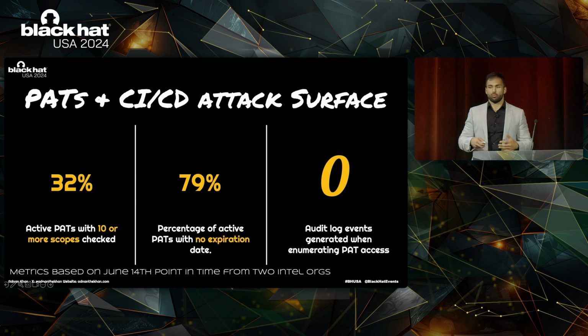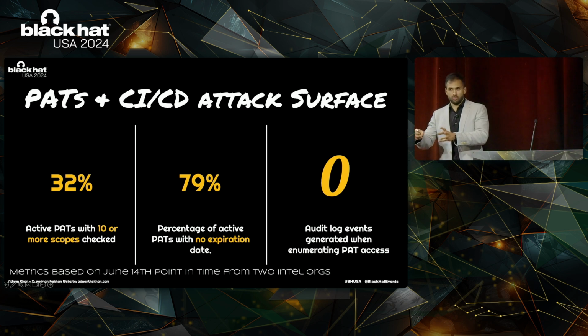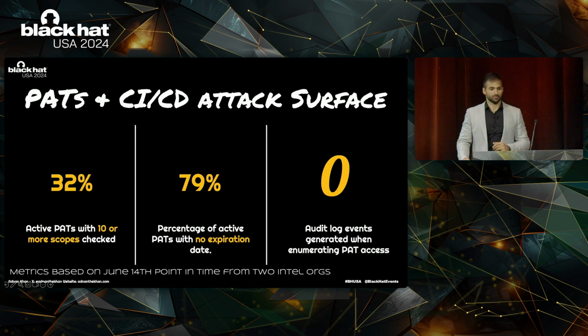And finally, when enumerating organizations with a tool like Gato-x that mostly just issues GET requests, this generates 0 audit log events, with the exception of organizations that might use GitHub's REST event logging beta, but developing detections off of that is extremely difficult.